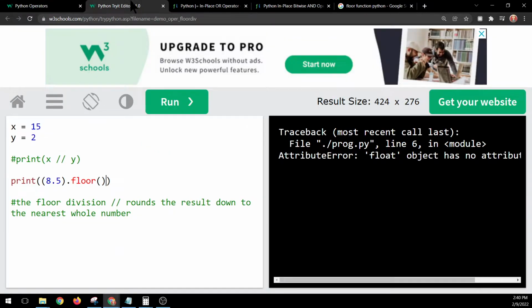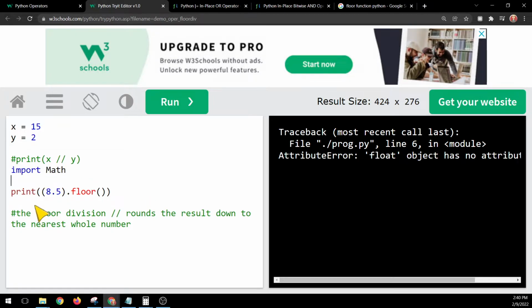Okay, let's try that by importing math. Import math. I think you have to uppercase this. And then type in math.floor. And then type in the value here, so 8.5.